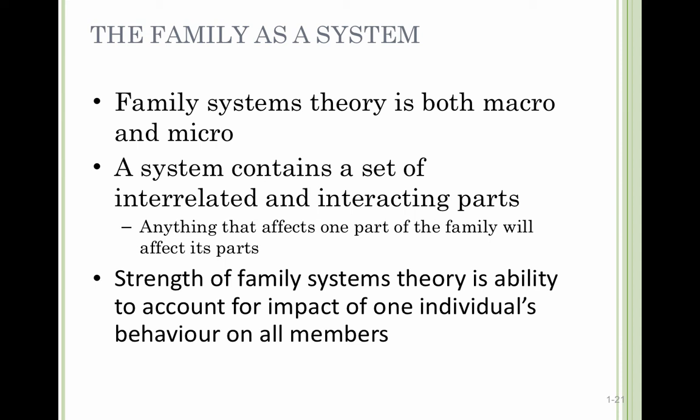So it looks at the micro components of family. It recognizes the complementary roles, looking at the common subsystems of spouse, parent, and sibling. So the system contains a set of interrelating and interacting parts. This will be the family, parents, and children, and these parts need to work in a particular and functional manner.